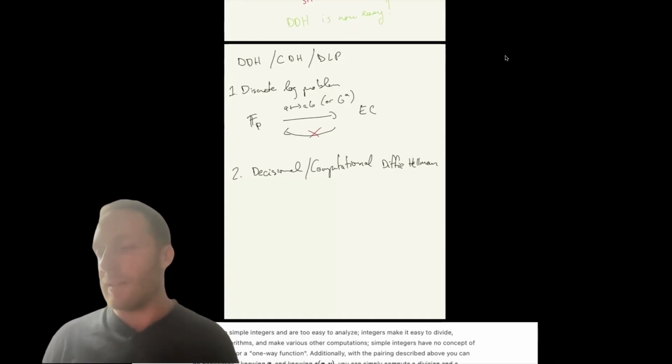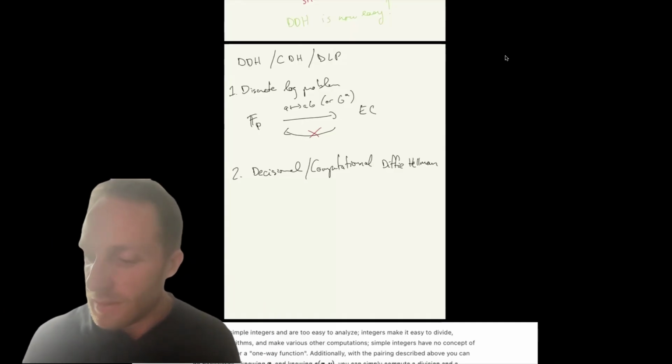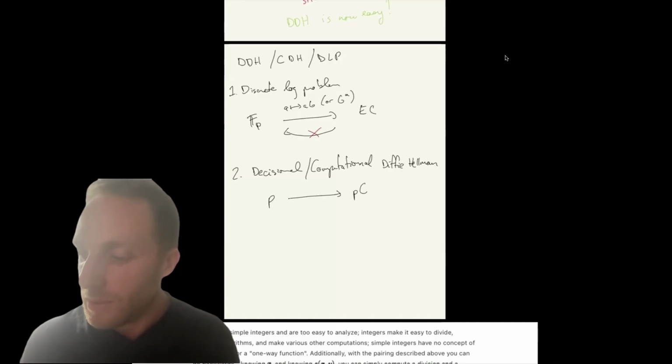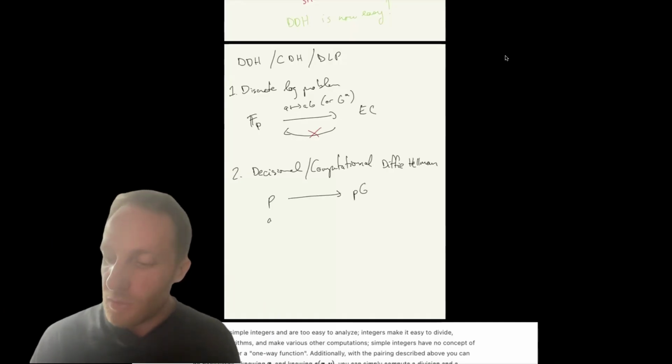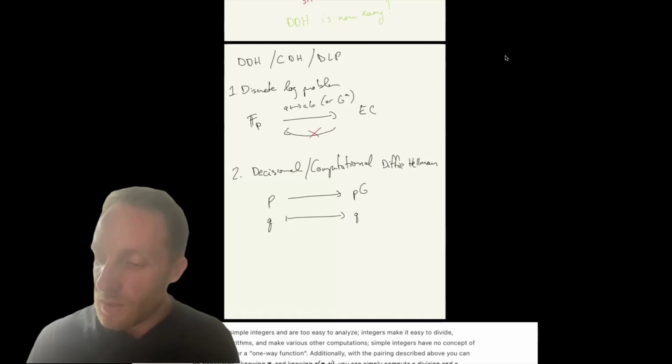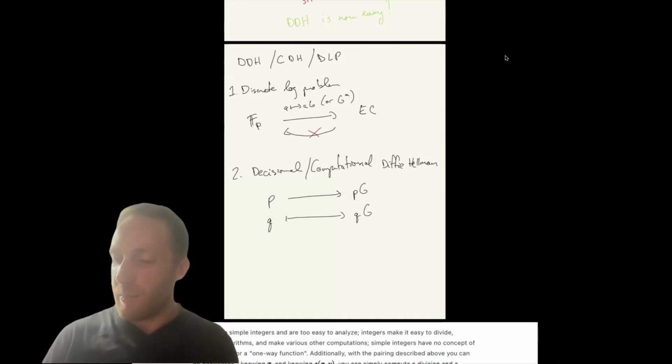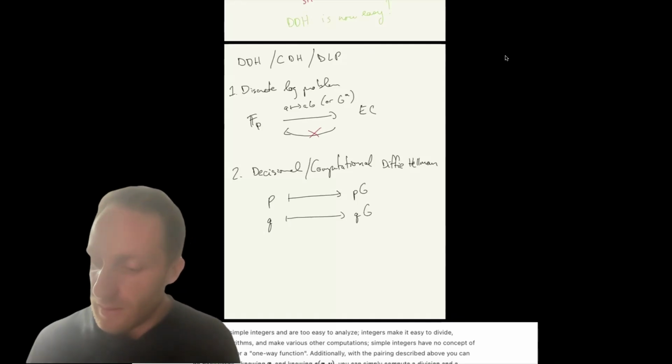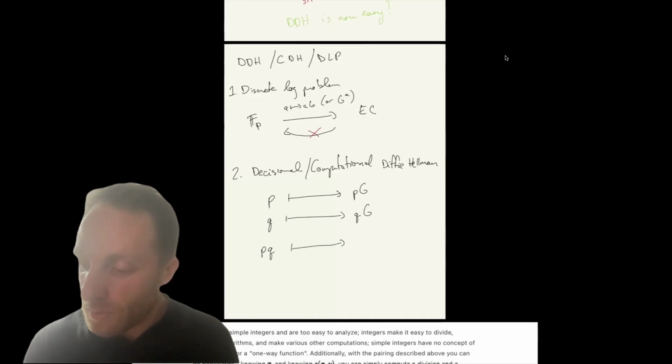They're related to this problem because you have a P, let's say you map it to PG. You have a Q, you map it to QG. I should have used A and B, but whatever. And P times Q maps to PQ times G.